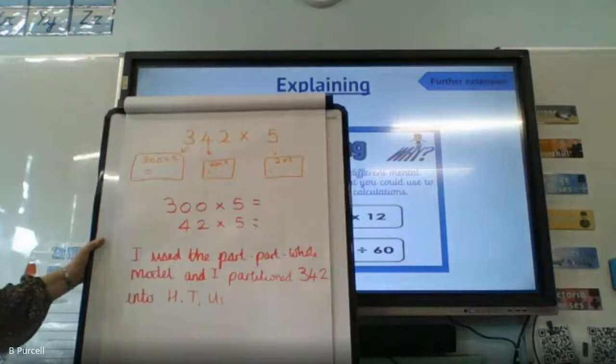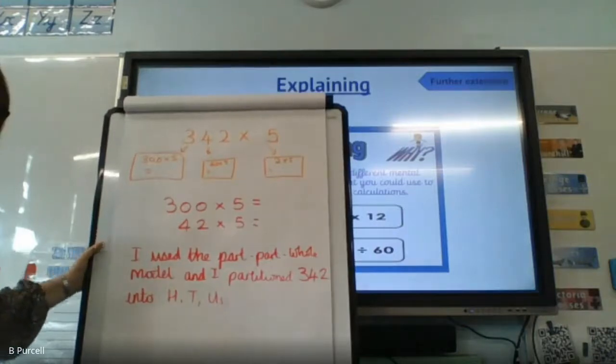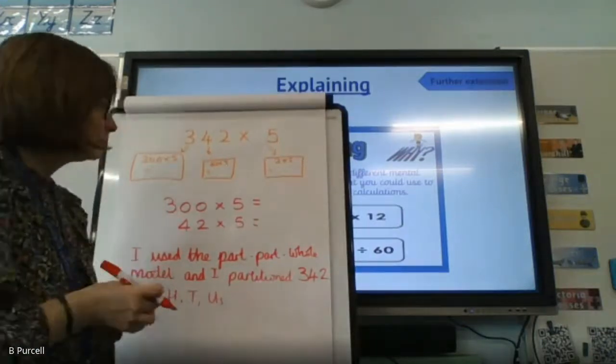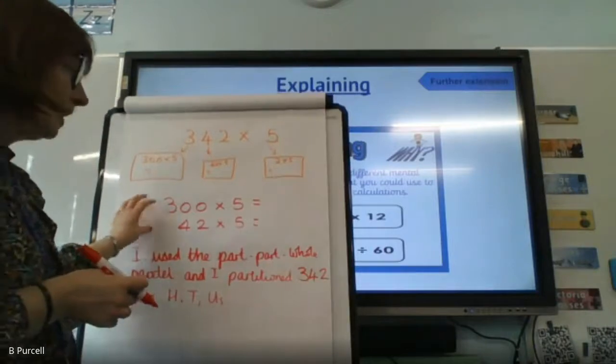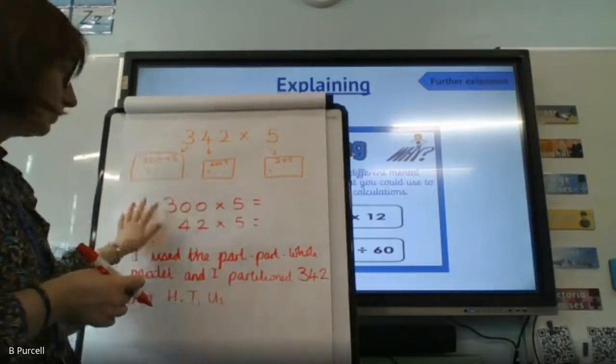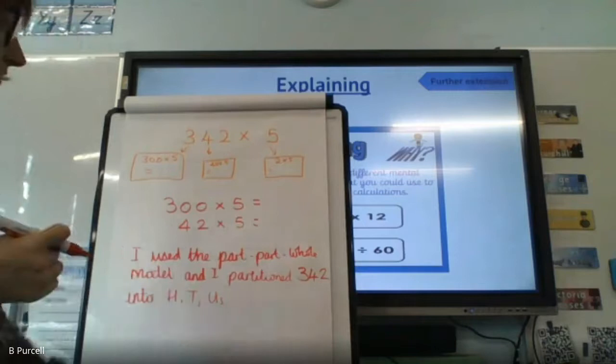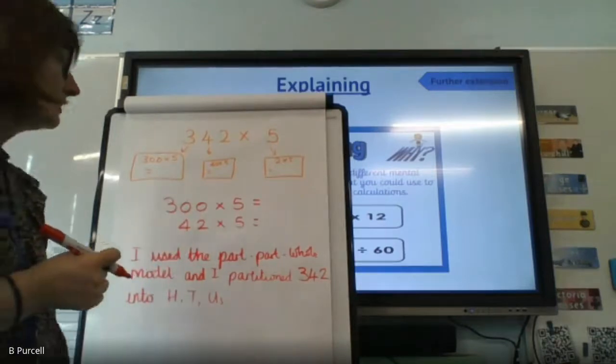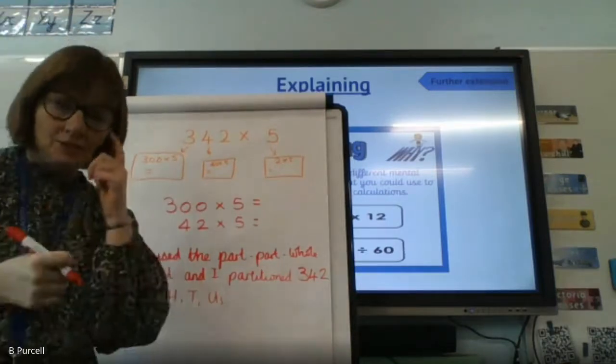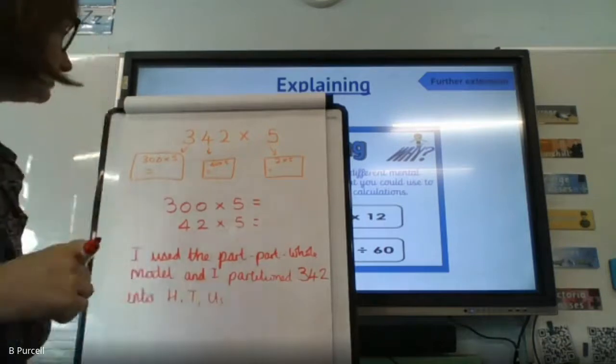Okay, so that's just a brief explanation. Your explanation doesn't have to be too detailed. And then what did you do here? What's the difference between what you did here and what you did here? So I partitioned this into hundreds and then tens and units still combined.